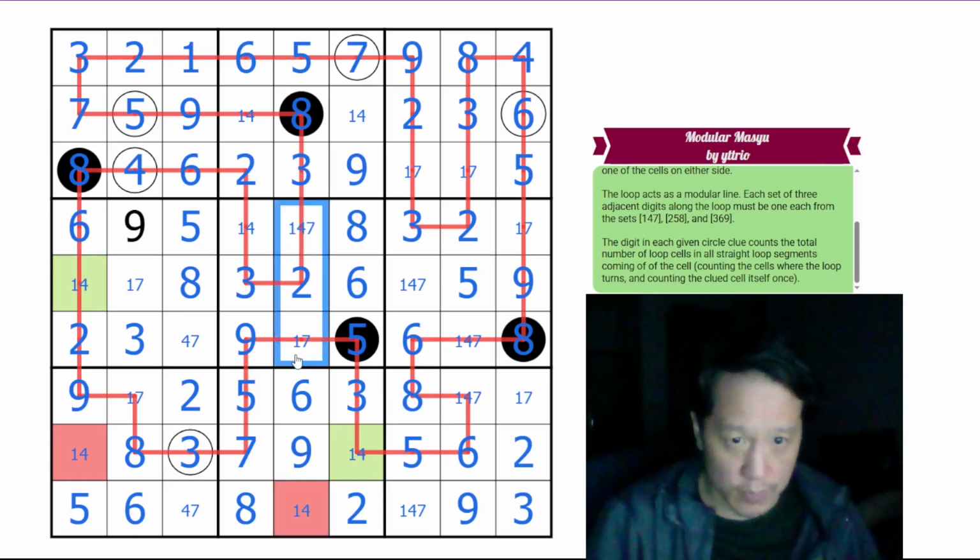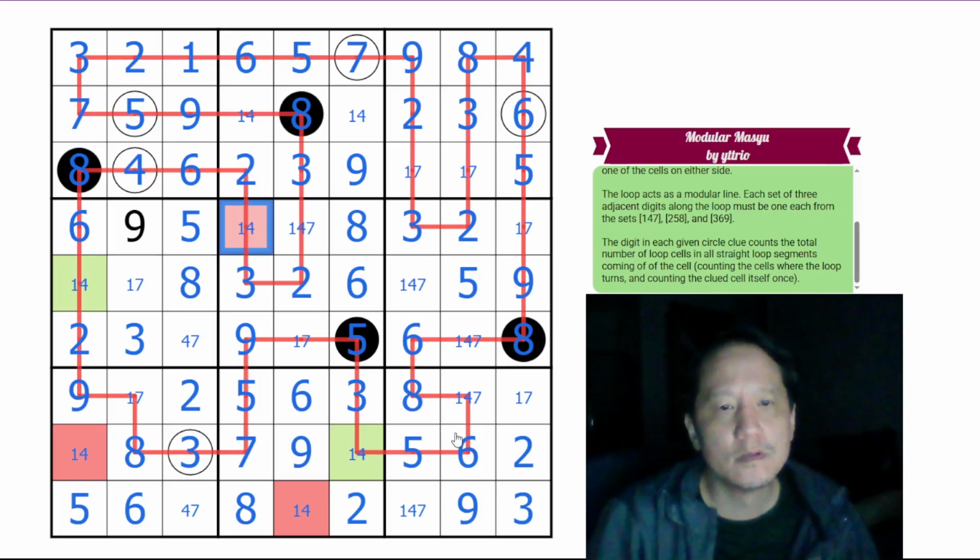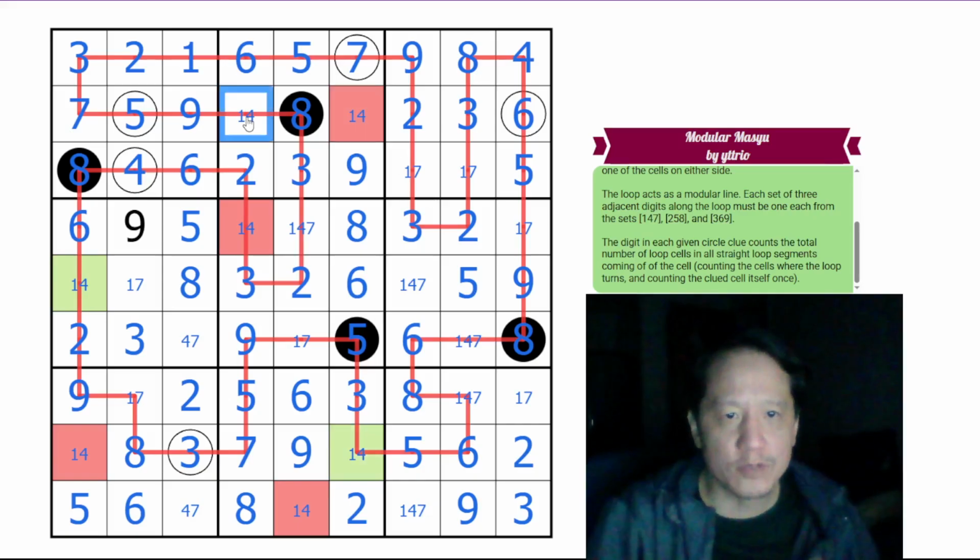So this cannot be red here, so that must be red there. So this is green, which makes this red, which makes that green. So red cannot be here. Red is one of these two. Red can't be here. Red is one of these two. So red's one of those two. Red can't be here.